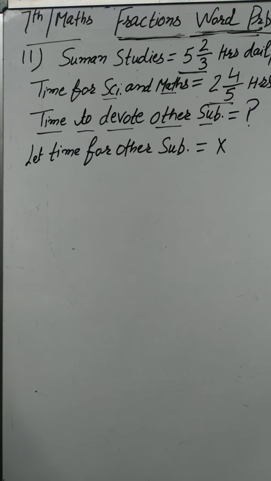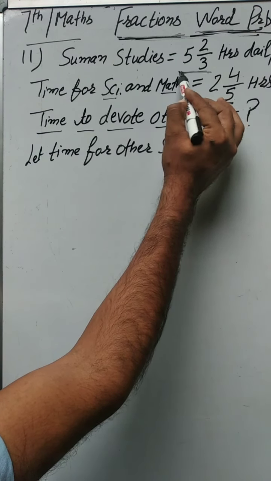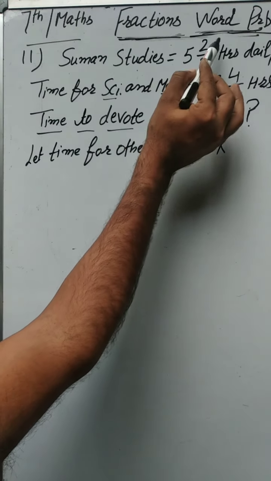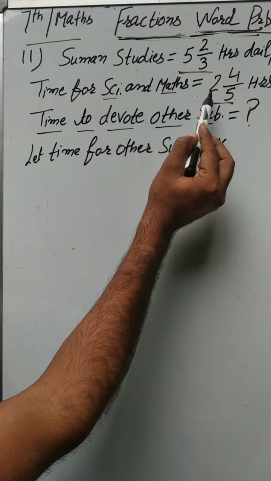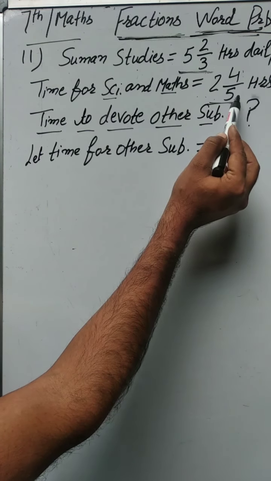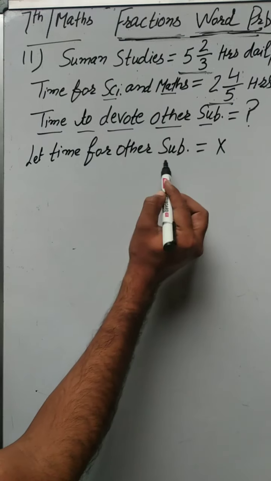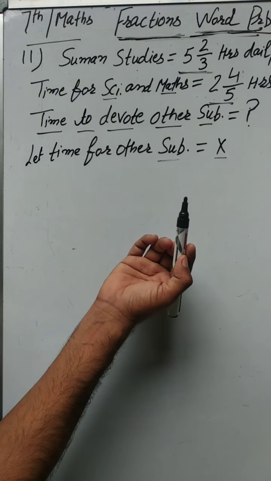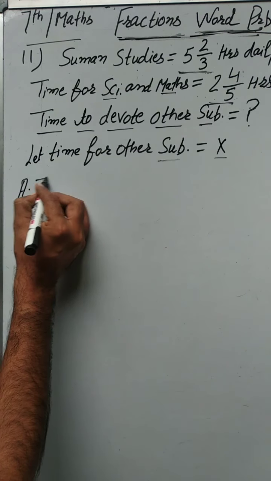Understood, beta? Now look at the question. Total time she gave to study daily is 5 and 2/3 hours. Time for science and math is 2 and 4/5 hours. And time for other subjects is x hours. Means according to the question, look here, beta.